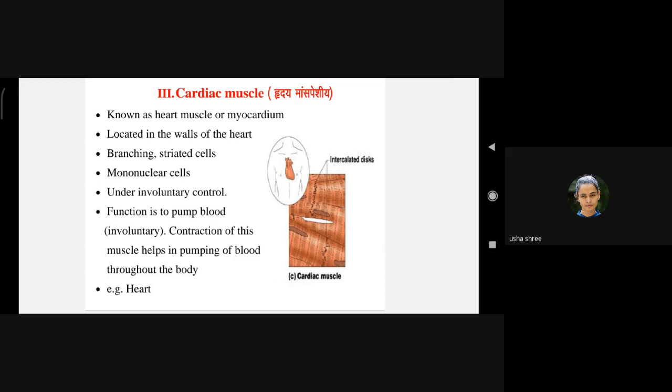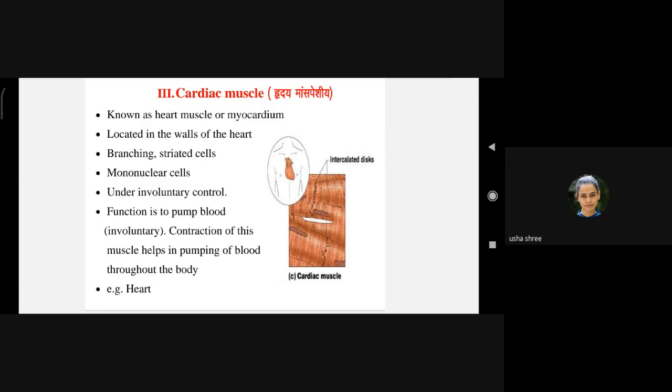Branching striated cells. The special thing in the heart is that the muscles are branching and striated, meaning cells are striated. Mononuclear cells, here also cells are mononuclear, meaning a single nucleus is present. Under involuntary control. The heart is also under involuntary control. We can't control our heart.